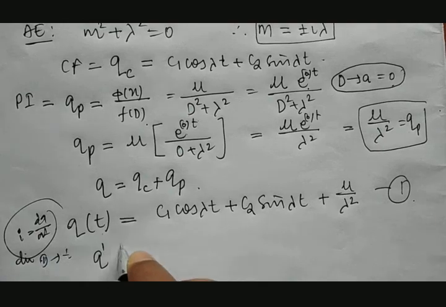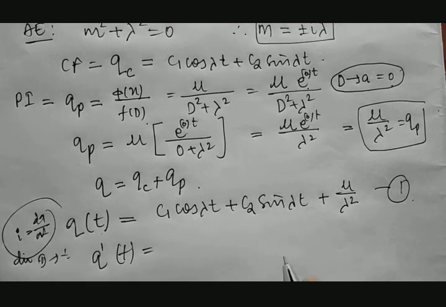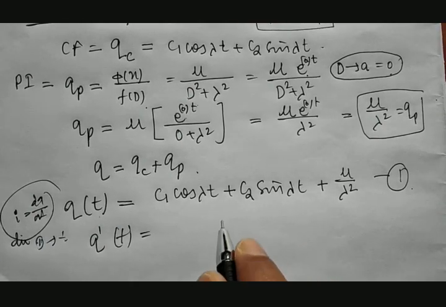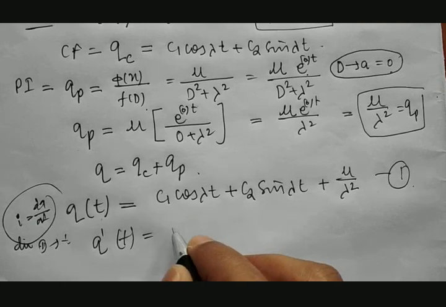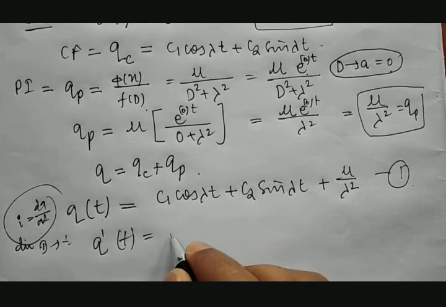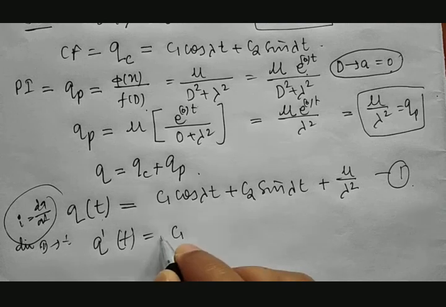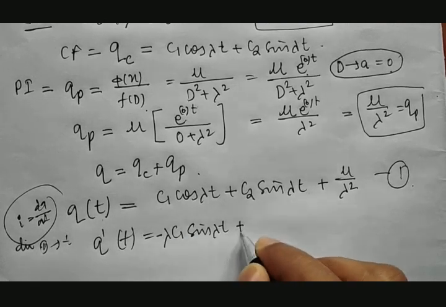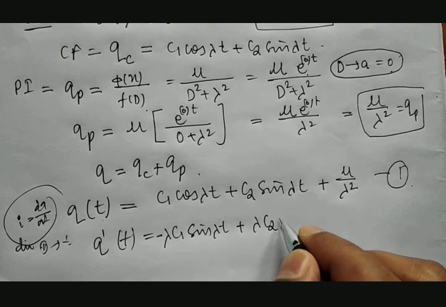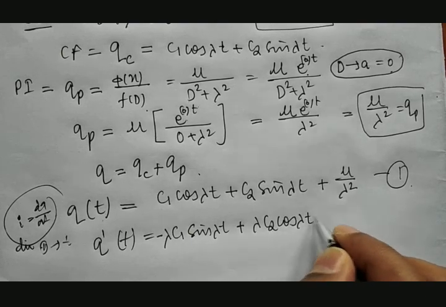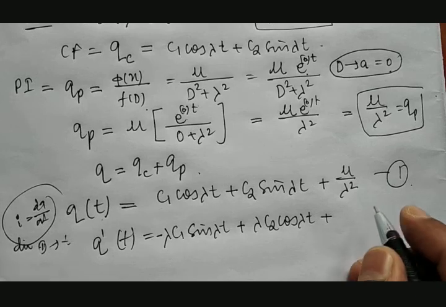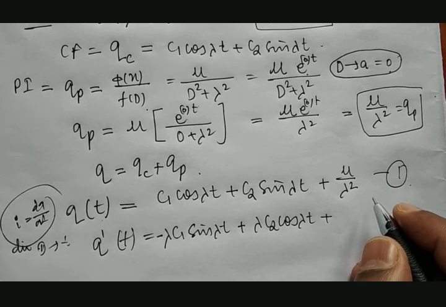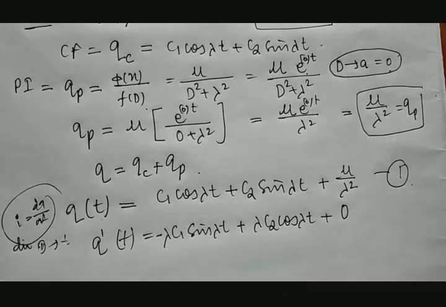Then we get q dash t. That is equal to, differentiate this. C1 common, differentiation of this is minus lambda sin lambda t, plus lambda into C2, differentiation of sin becomes cos, plus differentiation of this becomes 0.